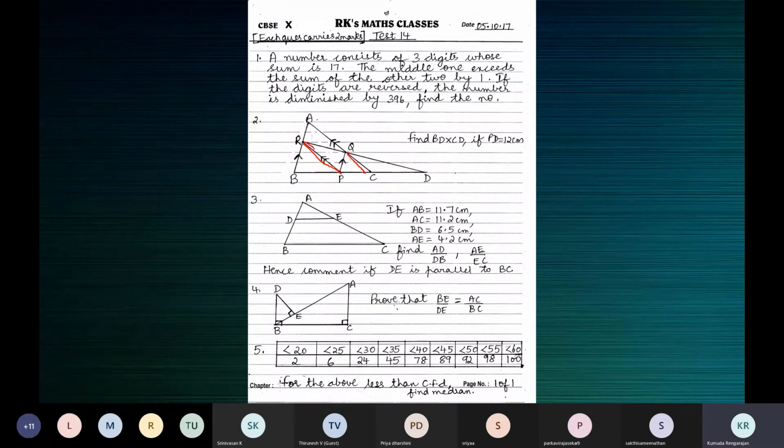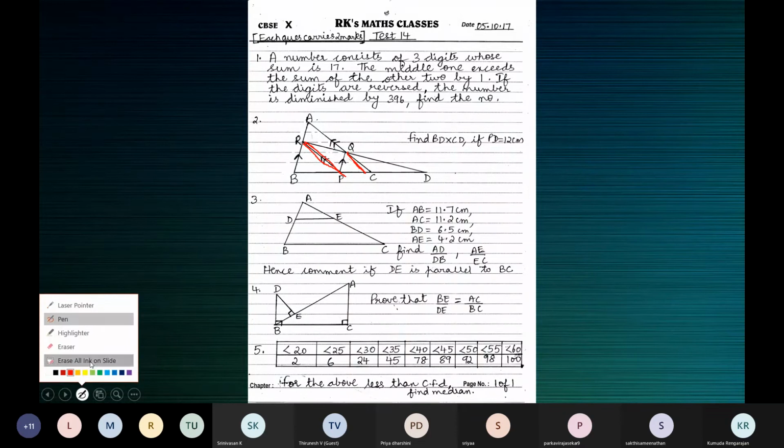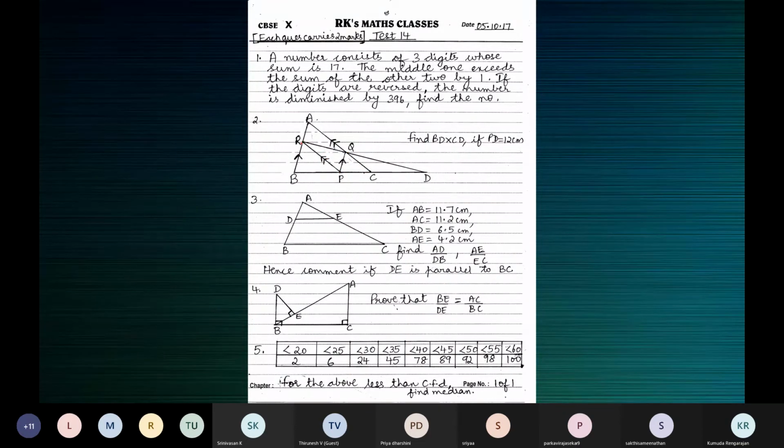So you will have to identify one triangle which has this set of parallel lines, and another triangle which has this set of parallel lines, and the two triangles must have some side in common. When we do a few others like this, you will be able to identify the triangles. Now I'll tell you for this one, we have to take up the triangles DRB and DRP.